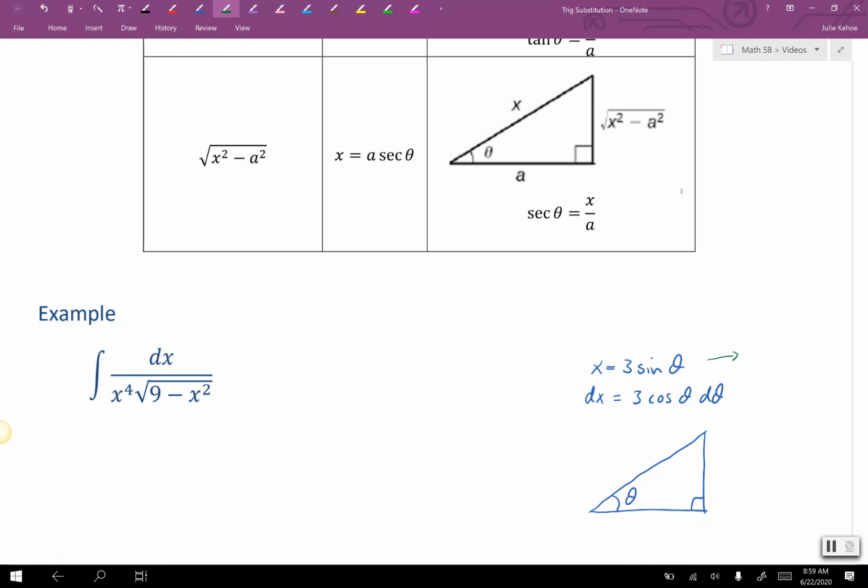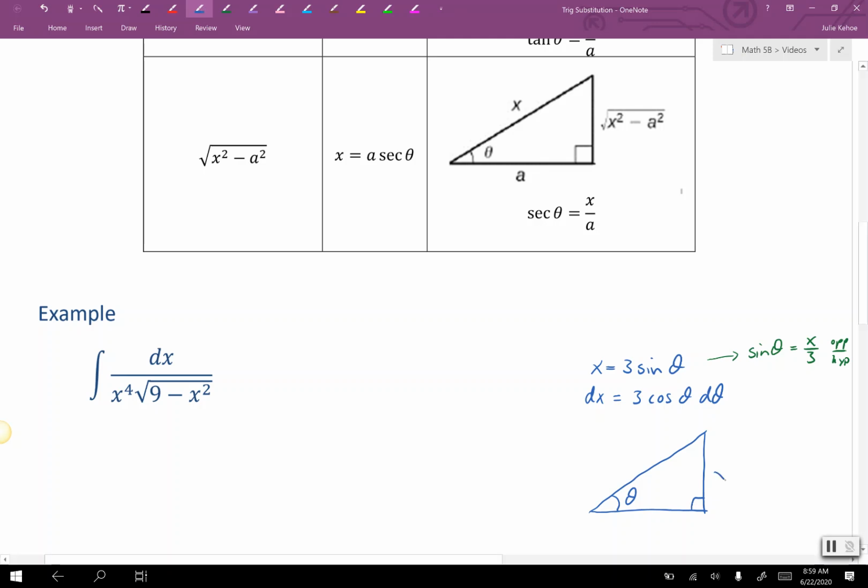If I divide the 3 over, I get what sine of theta is equal to in terms of x, so that would be x over 3. And so if I remember the triangle definition of sine, that is opposite over hypotenuse. So I know from this that the side opposite my angle theta is going to be x.